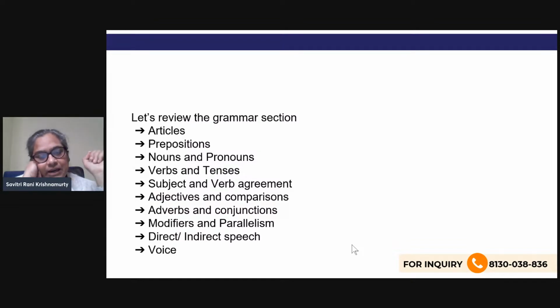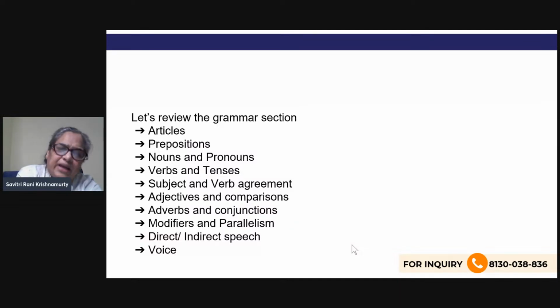Mostly SNAP grammar is error detection. Error detection means a sentence is divided into 4 or 5 parts, and you are asked which part of the sentence has the error. You can also have fill in the blanks for prepositions. That doesn't mean they cannot give you sentence correction, as in one sentence with four variations, but I have stuck to error detection and fill in the blanks.